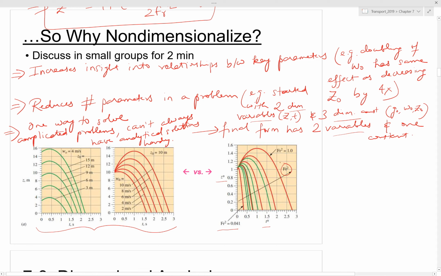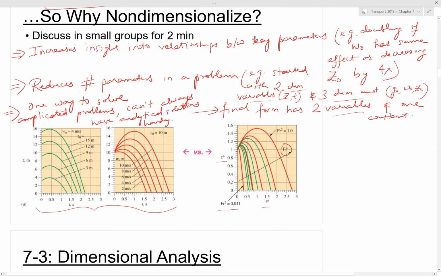So this really reduces the parameter space and makes use of handy charts. What you saw in chapter 8, for instance, the Moody chart using Reynolds number and friction factor, is another example.